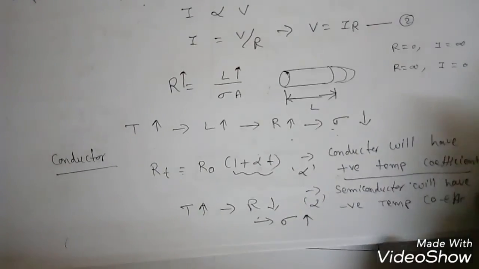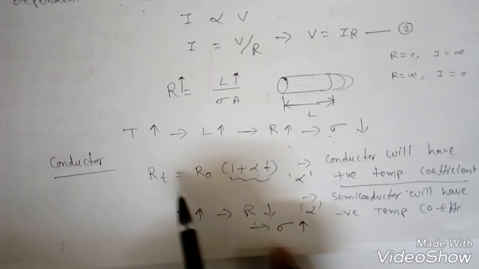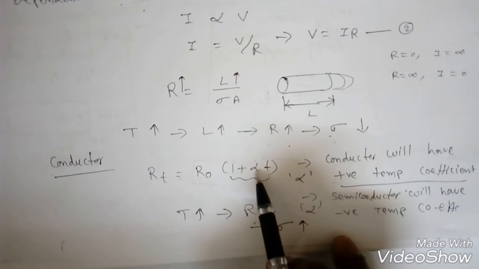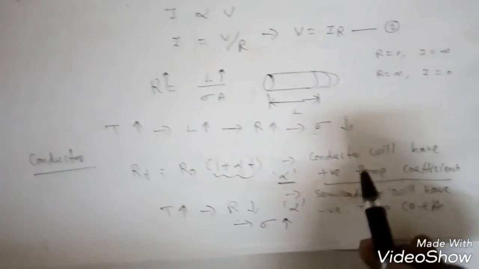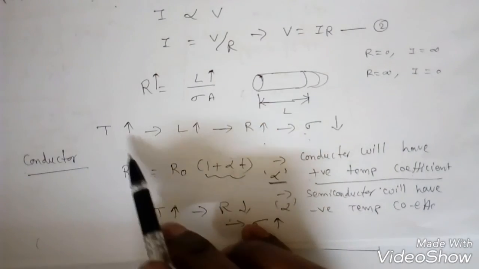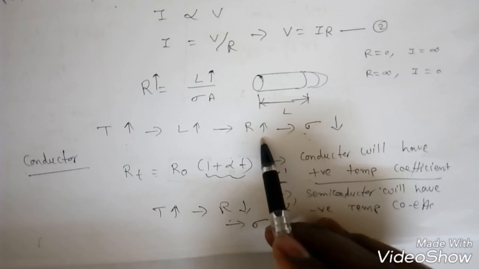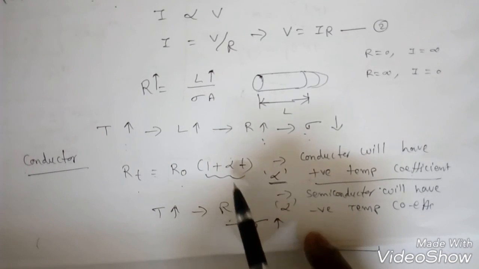In a conductor we should know the temperature coefficient. The resistance will exhibit a positive temperature coefficient, alpha, generally called the temperature coefficient. So the conductor will exhibit a positive temperature coefficient. That means if temperature is increasing, resistance will increase. So R_T is equal to R0 into 1 plus alpha into T.